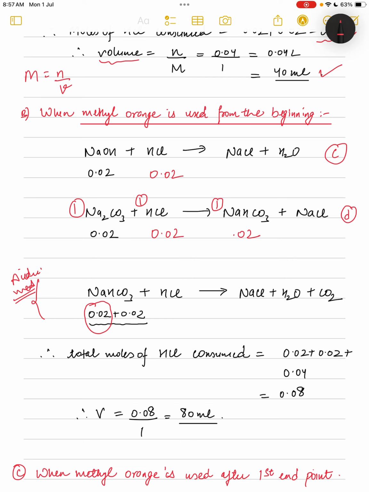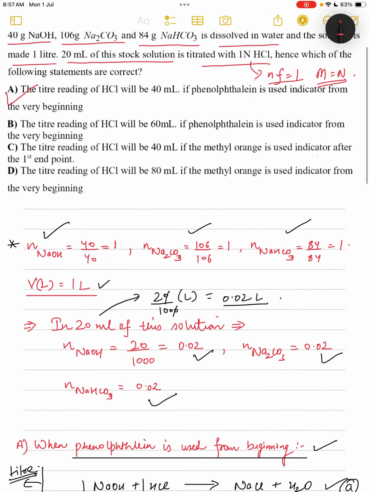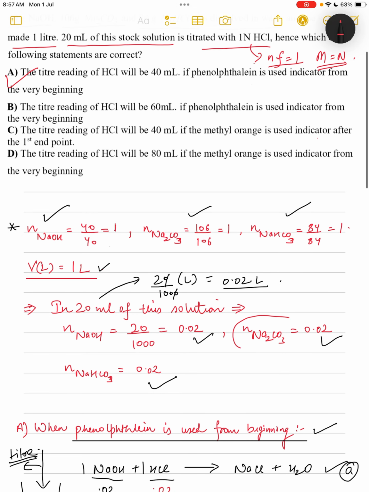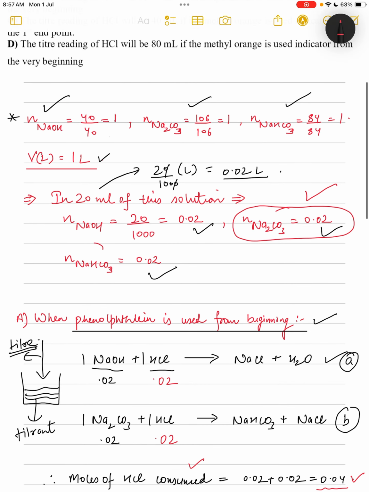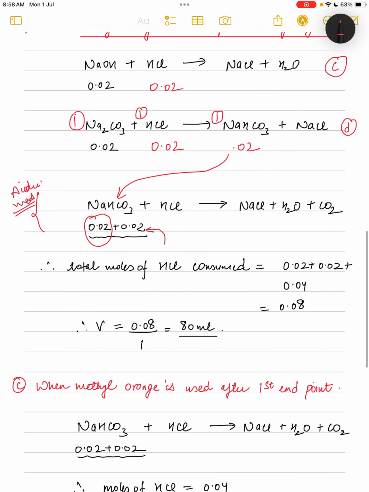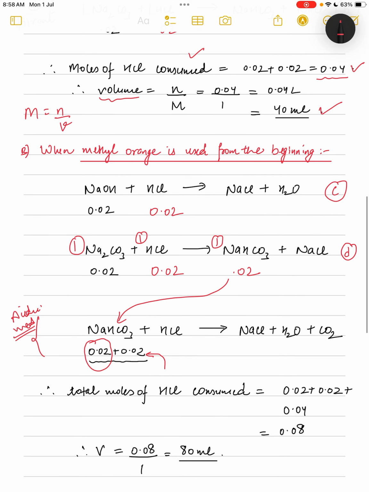The NaHCO3 produced there will be reacting here, and the remaining 0.02 moles are already present in the solution. So that means here we have a total of 0.04 moles of NaHCO3.